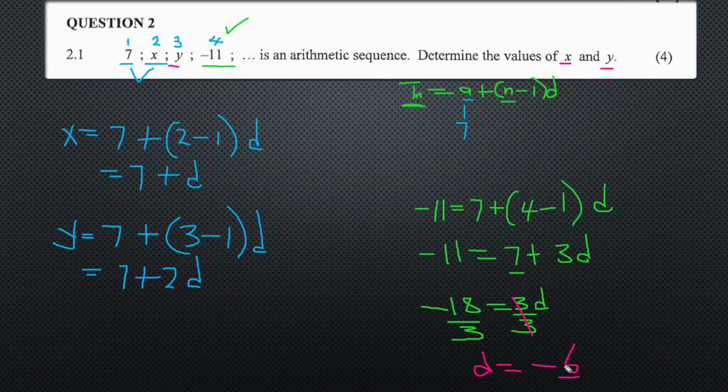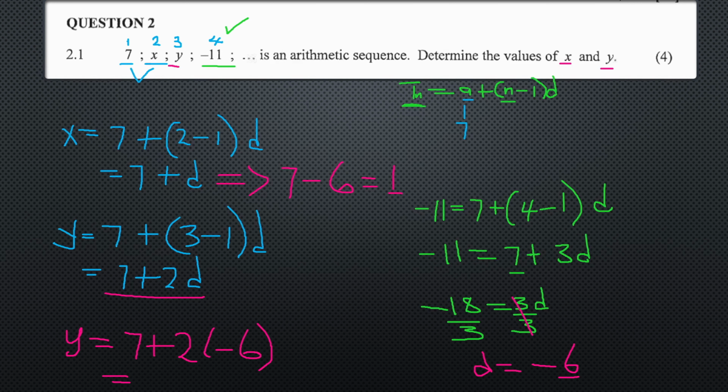As we know that d is negative 6, you just come back and say y equals 7 plus 2 times negative 6. Then you're done, because you'll get the answer here. And on this side, x equals 7 minus 6, which is 1. So x is equal to 1.